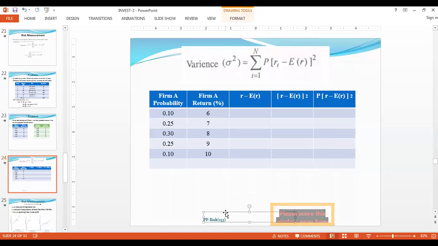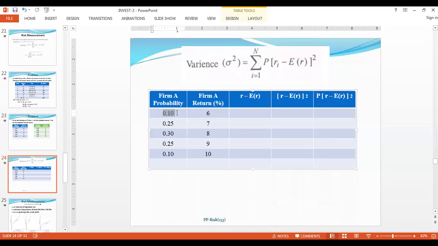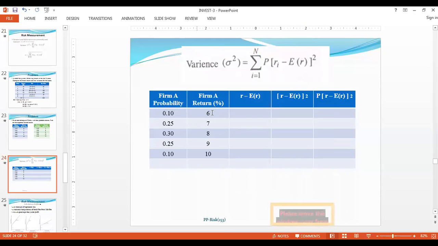Now we have probability and we have the expected return. Now what we need to do first is multiply whatever returns are there with the expected probabilities. That is the first thing that we have to do.